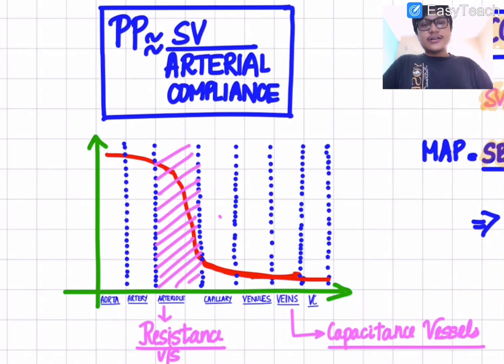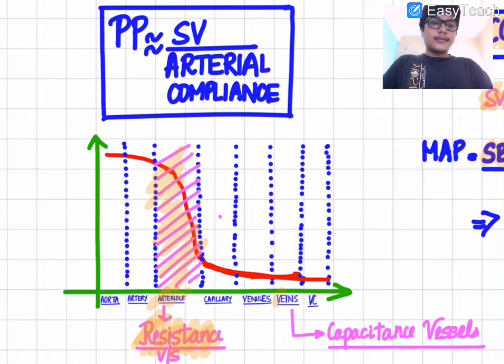Now the blood pressure is not uniform throughout all these vessels, and the max decrease of blood pressure is seen in the region of the arterioles, and that is why the arterioles are known as resistance vessels.